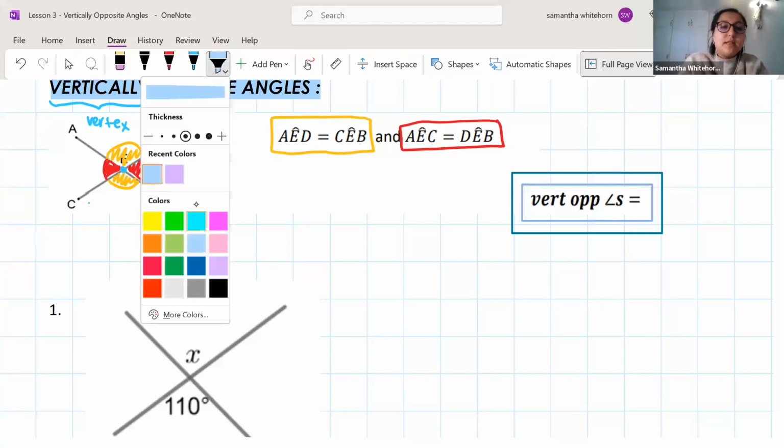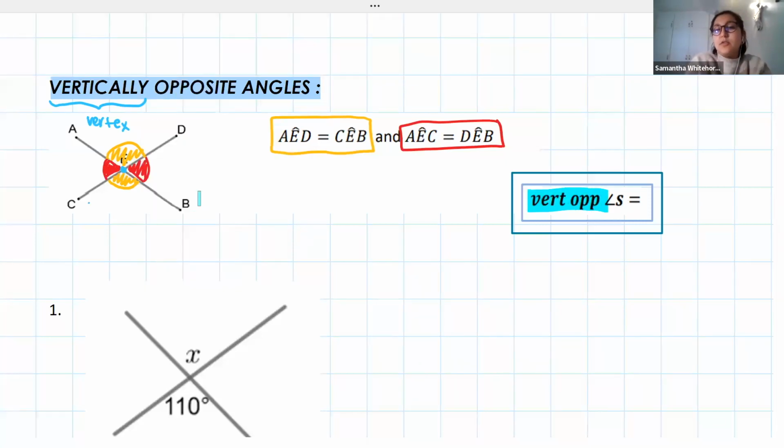And so our reason that we use is vert op angles are equal. So this is the new reason that we are going to learn. And again, the shape that you look out for is the cross shape. If you've got two lines crossing each other forming this cross shape, you likely have vertically opposite angles.